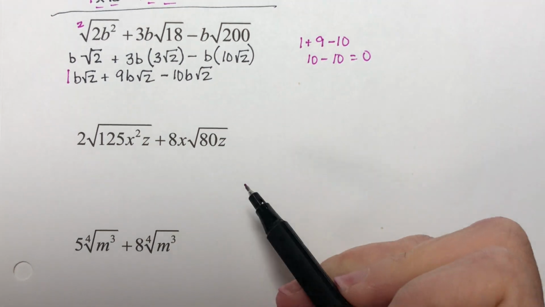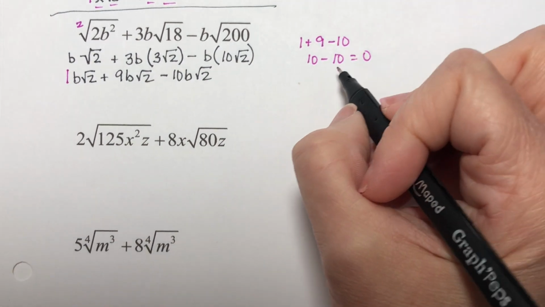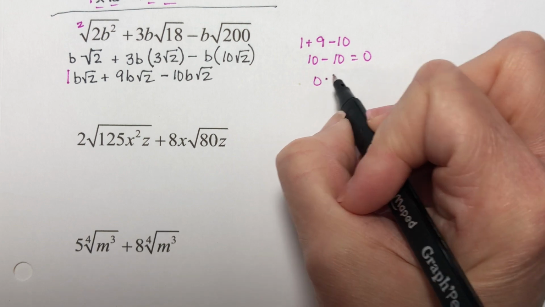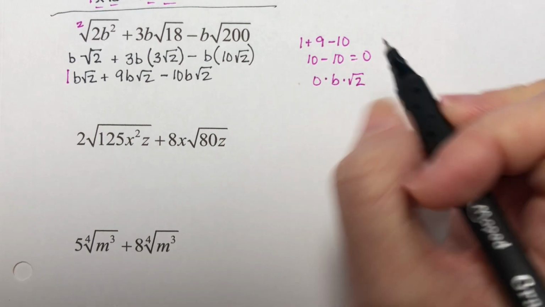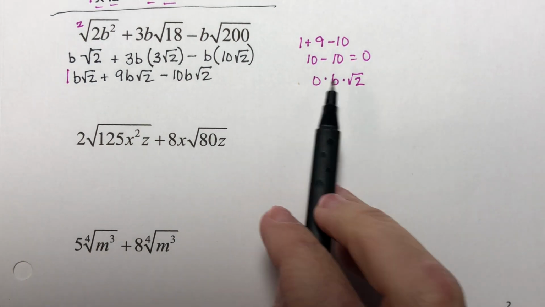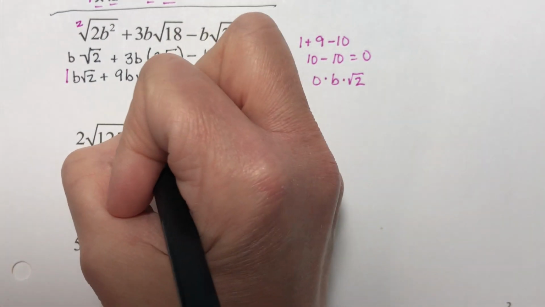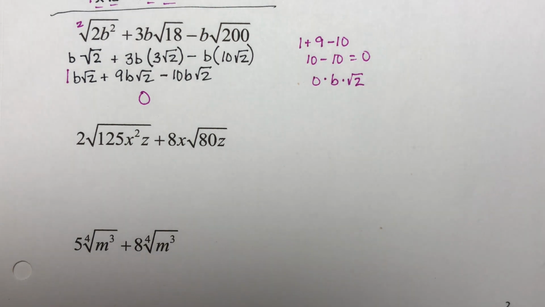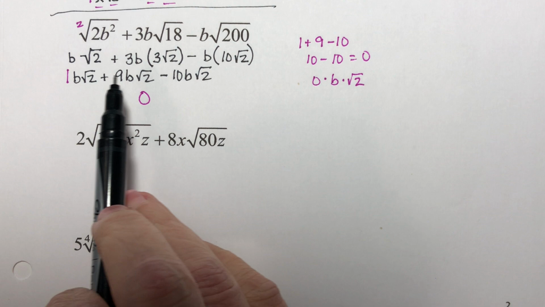Now, what do we do if we have a 0 in front? Well, that's like 0 times b times the square root of 2, because it would just be the number in front, and those are multiplications, right? But anything I multiply by 0 is just 0. This whole thing cancels out. If you have some trouble seeing this, think of it this way.